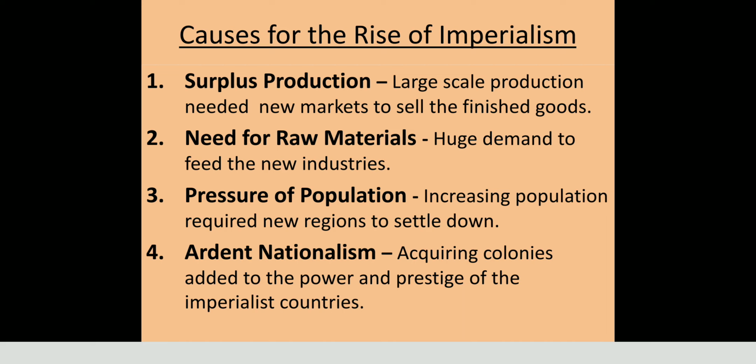So they began a race among these industrialized nations to acquire more and more colonies. France, the Dutch, Belgium, Netherlands, England, Germany, everyone wanted to acquire more and more colonies to become a powerful nation. So this race for acquiring more colonies also led to imperialism.